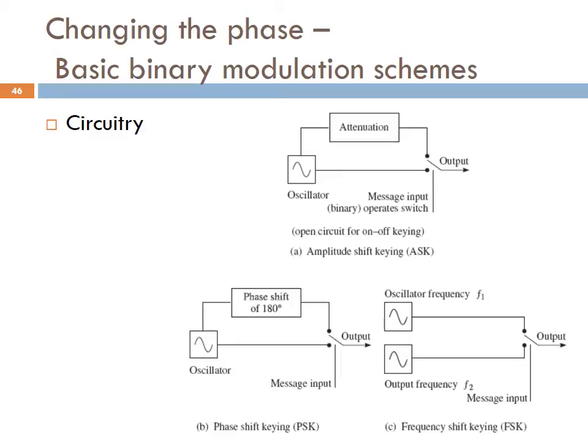As for BPSK, we could get the input from an oscillator in phase or in shifted phase according to the digital message input, 0 or 1, every tau. And for frequency shifting, we can also switch between the inputs of two different oscillators every tau to get the symbol with frequency f1 or f2 according to the digital message input as well.